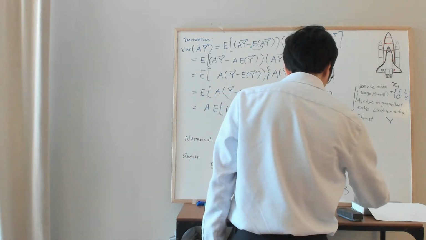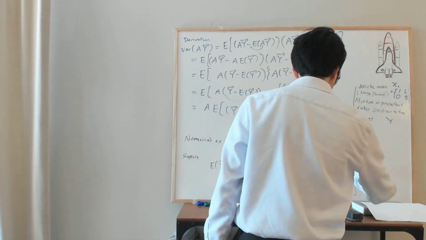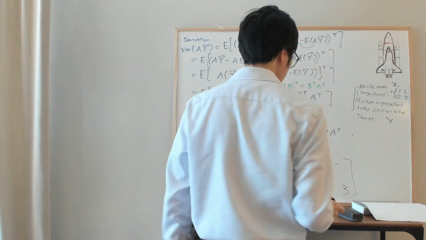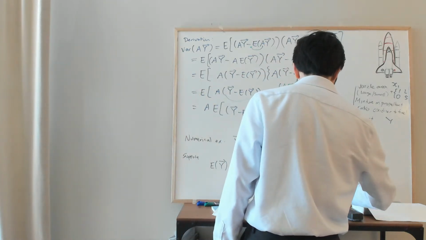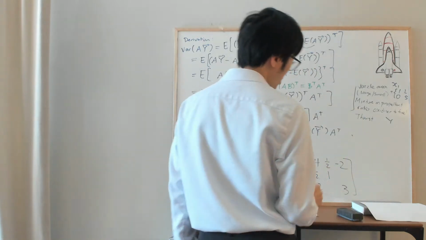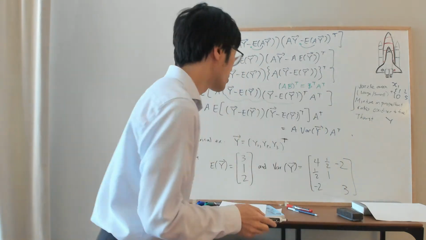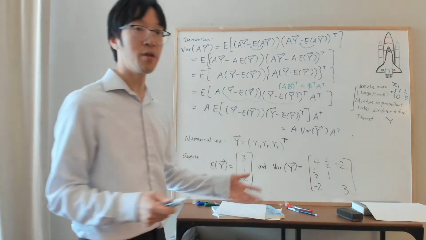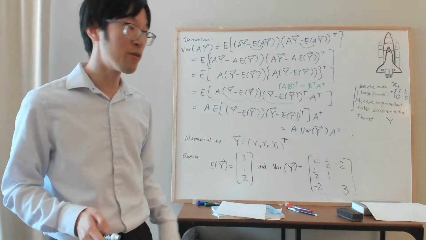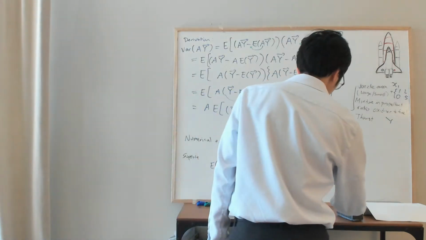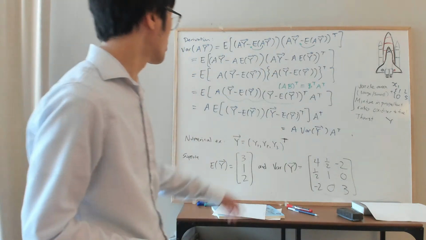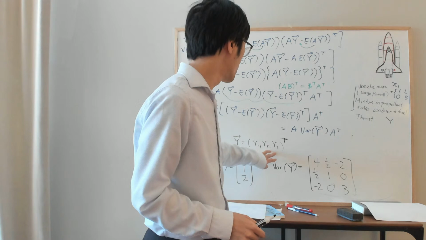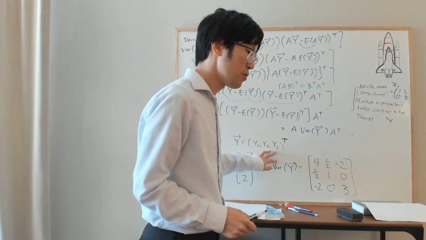Remember these are covariances, so they can be negative as well. So let's make up some number here, -2, and they can also be 0. Covariance 0 means those two components of that vector are uncorrelated. So we can put 0. In this case, y2 and y3 have correlation 0.